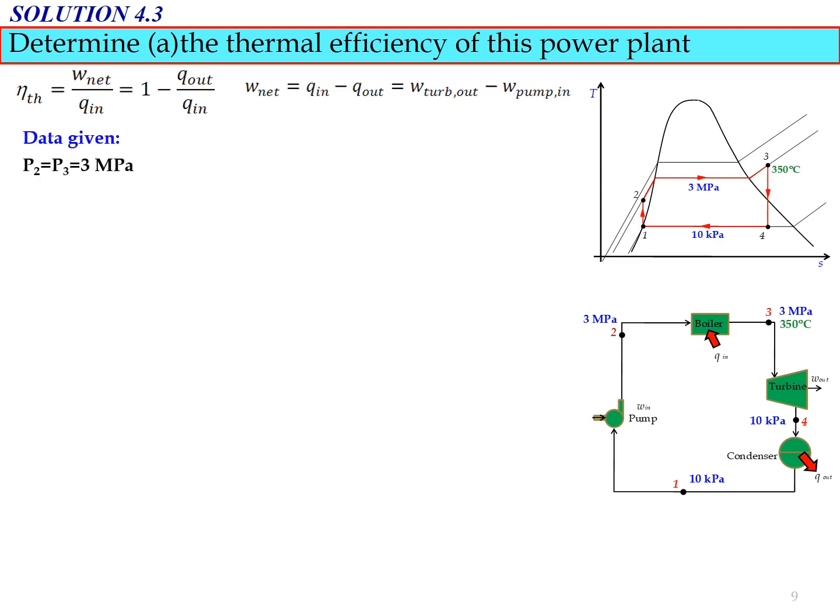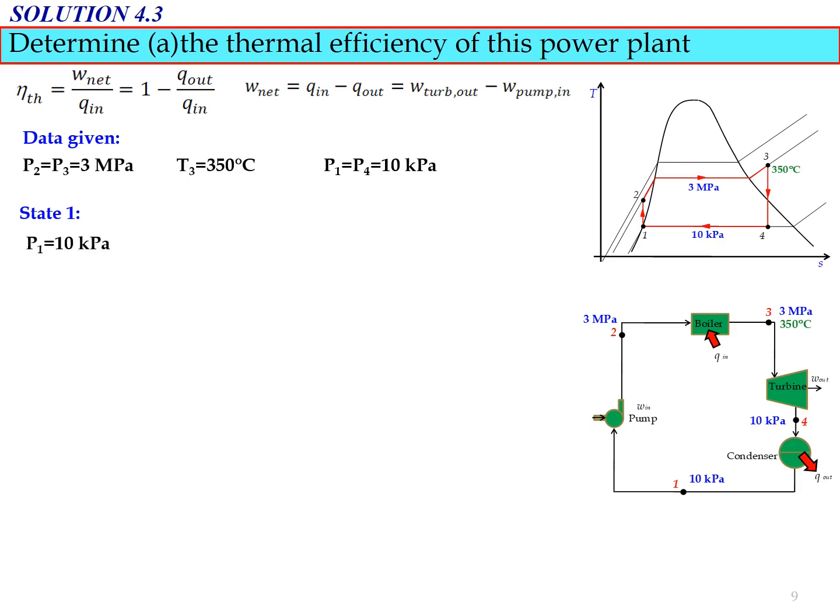So in terms of data given, P2 equals P3 equals 3 megapascal, T3 equals 350 degrees Celsius, P1 equals P4 equals 10 kilopascal. Now we need to find the important values, especially the enthalpy value for state number 1.